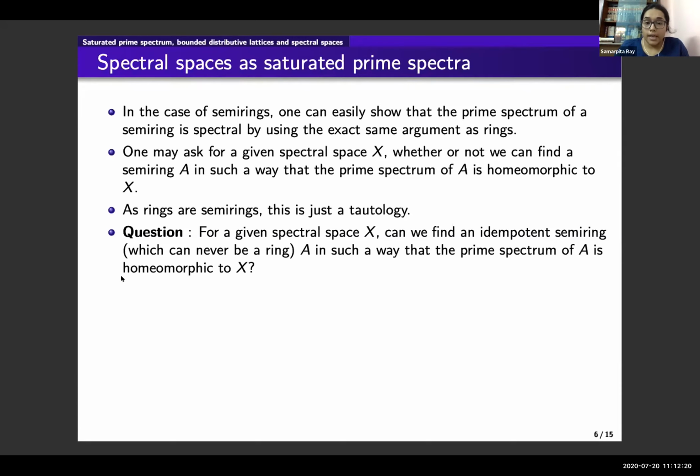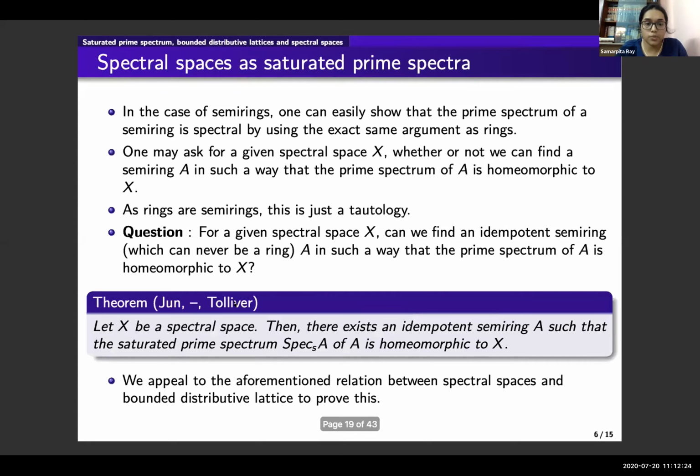We answer this question in the affirmative, but we have to restrict ourselves to a subclass of the prime spectrum of the idempotent semiring, which we call saturated. This means the prime ideals which are also saturated ideals, that is, the saturated primes. And we prove this: if X is a spectral space, then there exists an idempotent semiring, and this existence is a canonical way of associating.